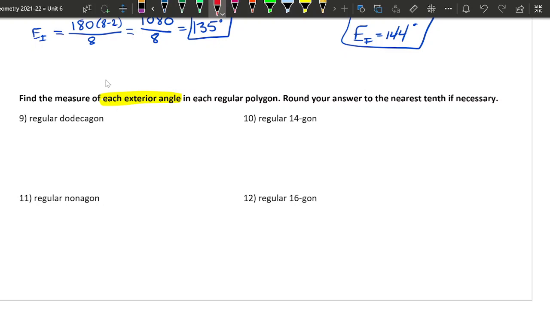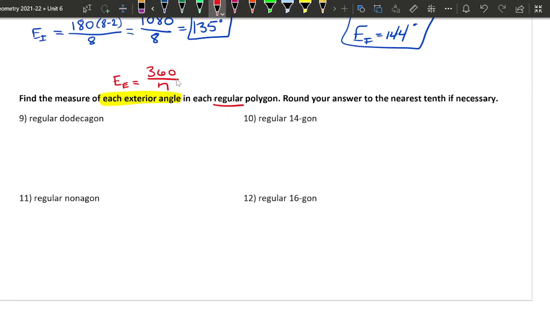But we don't want the sum. We want each one of a regular polygon. It does have to be regular. So each exterior angle equals 360 divided by n. If it asks for the sum of the exterior, that would be 360. That's a really easy question.